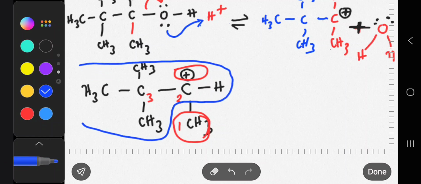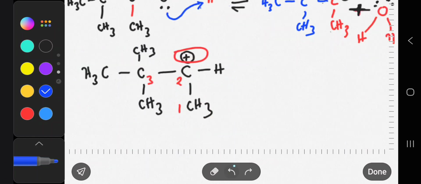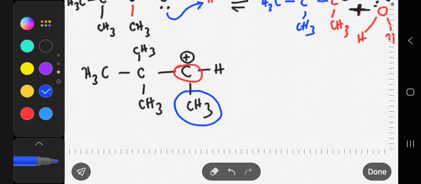You see, this carbon is attached to the whole of this, that is one alkyl group, making it a primary carbon, right? Now if you look closely again, this carbon is attached to 2 alkyl groups. It's attached to this one, and it's attached to the whole of this, making it a secondary carbon, right?